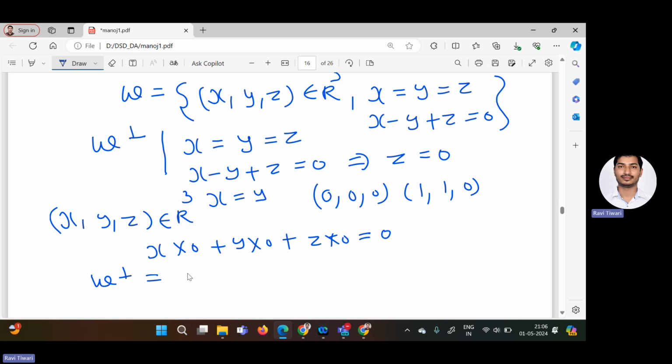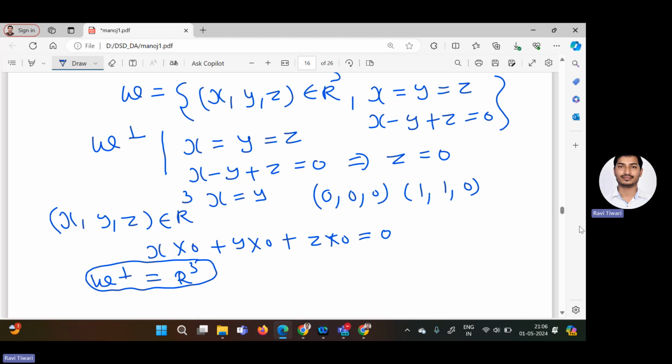Always we will get 0. In W we are getting only the vector 0, 0, 0, and for W complement we find a random vector x, y, z, and we get 0. So W complement we can take as the entire space of R cube, because you can choose any vector of R cube, and if you take the inner product with 0, 0, 0, then always you will get 0. So this W complement is the entire space of R cube.